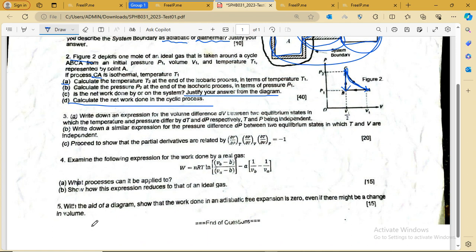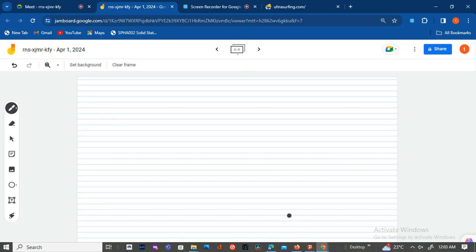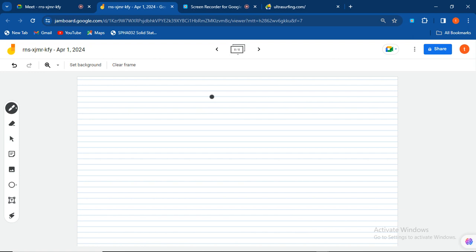They say, with the aid of a diagram, show that the work done in an adiabatic free expansion is zero, even if there might be a change in volume. So how are we going to do that?